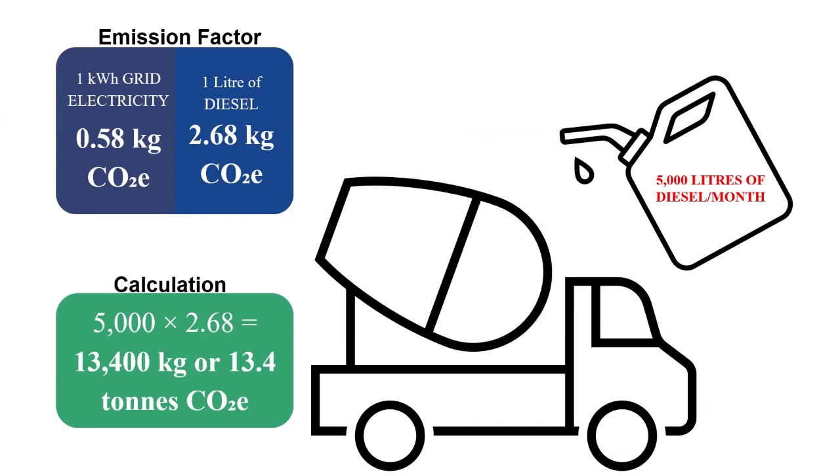So, if your company uses 5,000 liters of diesel a month, your Scope 1 emissions from fuel use would be 5,000 times 2.68, equivalent to 13,400 kg or 13.4 tons CO2e. That is the basic calculation behind a GHG inventory, and it's all hinged on using the correct emission factor.